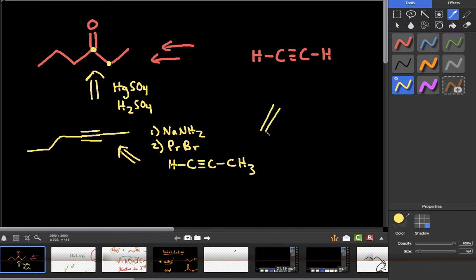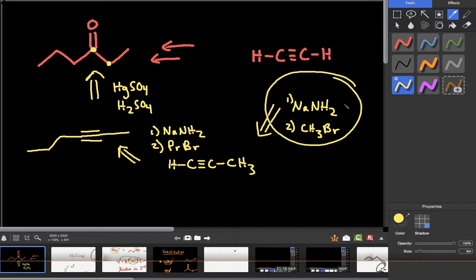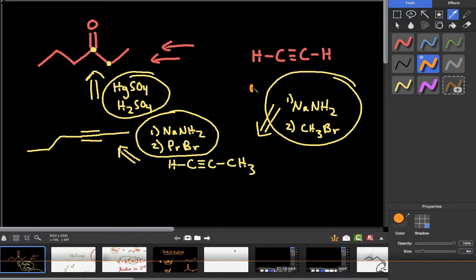And then from here to here, NaNH2 in the first step, and in the second step, methyl bromide, or iodide or chloride. So to convert this to this, these reagents stepwise, then these reagents stepwise, then these reagents stepwise. Step 1 and 2, step 3 and 4, step 5.